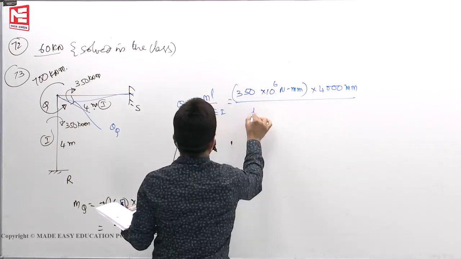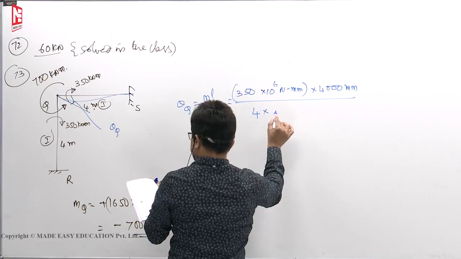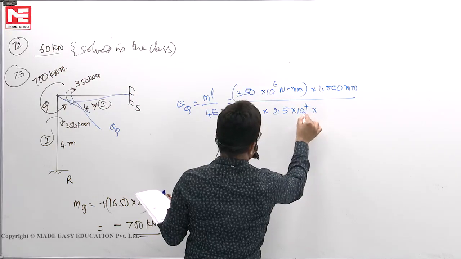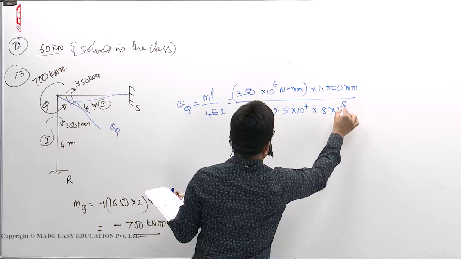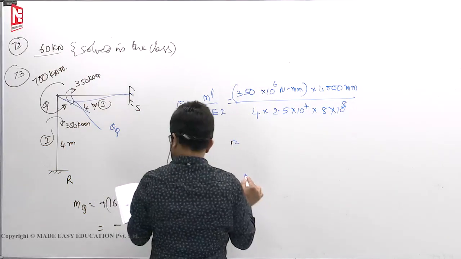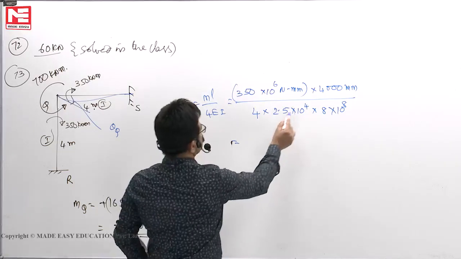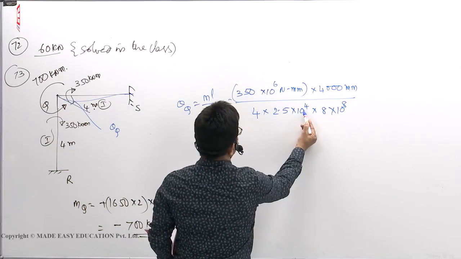ML by 4E, Young's modulus is 2.5 into 10 to the power of 4 MPa, newtons per mm square. I is 8 into 10 to the power of 8. Okay. So this is the formula. How many zeros are there here? 8 plus 4, 12.